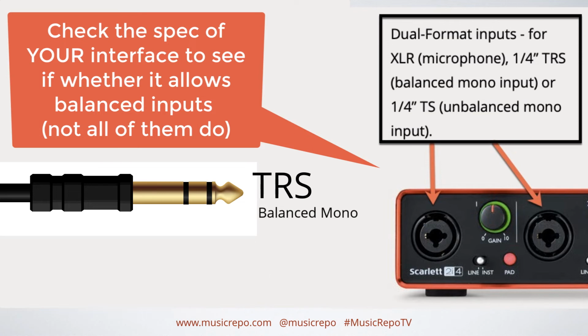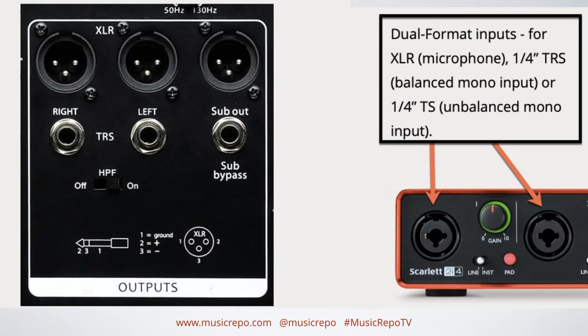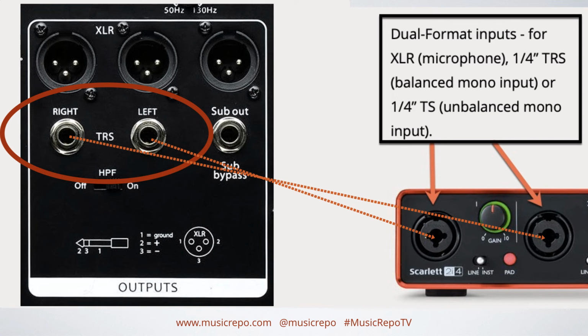So if you connect 1/4 inch TRS cables to the left and right inputs on this interface, then you will make a balanced connection as long as the output from your device that you are recording has got balanced outputs. So if you have a high quality keyboard that has balanced outputs, then you can use TRS leads to connect to this input and make balanced connections, and you'll be recording with balanced signal.